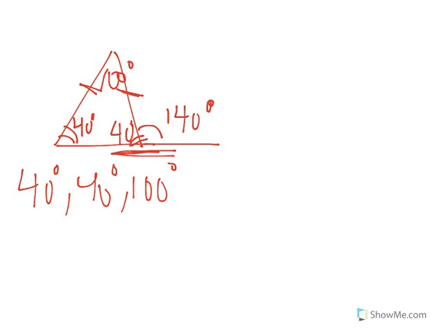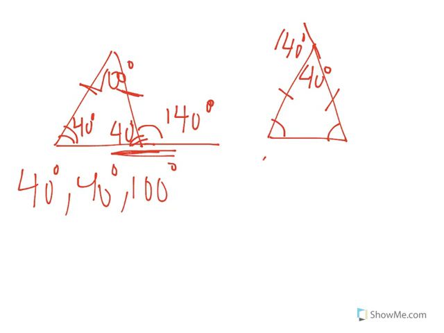Okay, and the other possible is that, let's say we have this drawing, and we extend this line out, and this is isosceles, so these two base angles are congruent. So this is 140 degrees, so this is 40 degrees. That means that x plus 40 degrees equal to 180. Right?